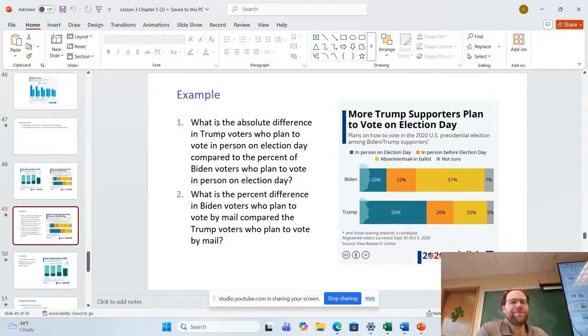So, for example, what was the absolute difference in Trump voters who plan to vote in person on election day compared to the percent of Biden voters who plan to vote in person on election day? According to this graph here, Trump voters in person on election day would be 50%.